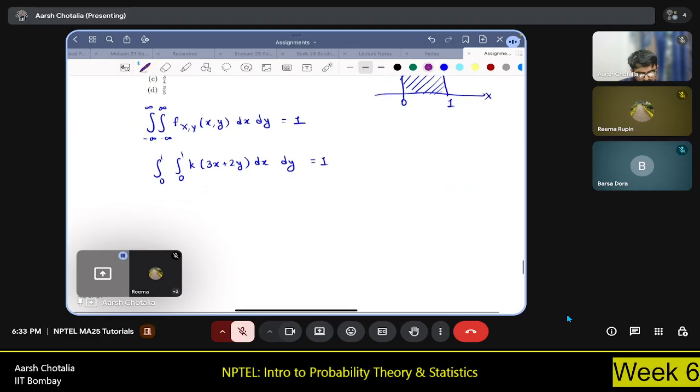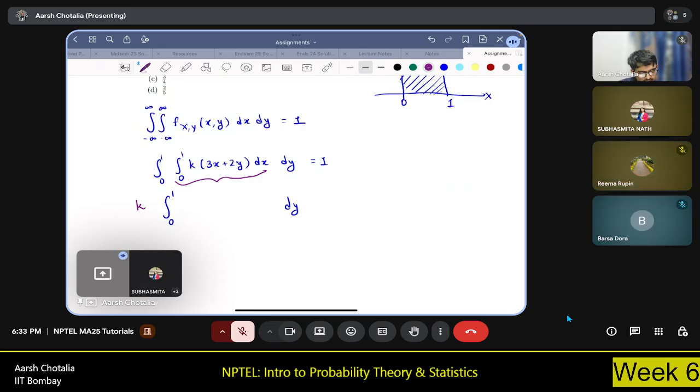So first I can take k outside, then this is the integral from 0 to 1 dy, and I can treat this as an integral of dx, which means that y can be treated as a constant. So this becomes 3x squared by 2 plus 2xy from 0 to 1.